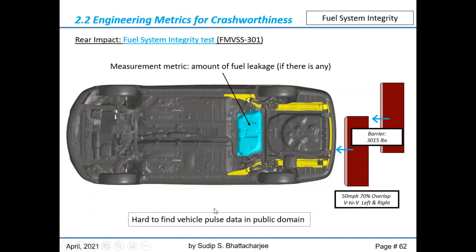So it's hard to find any structural response data even from those tests that are accessible on the NHTSA website. There is not much light I can share on this problem with analysis, because it is primarily a fuel leakage test. There will be some measurement of the fuel leakage if there is any, and the performance report will be there without any other structural measurement that I can find.